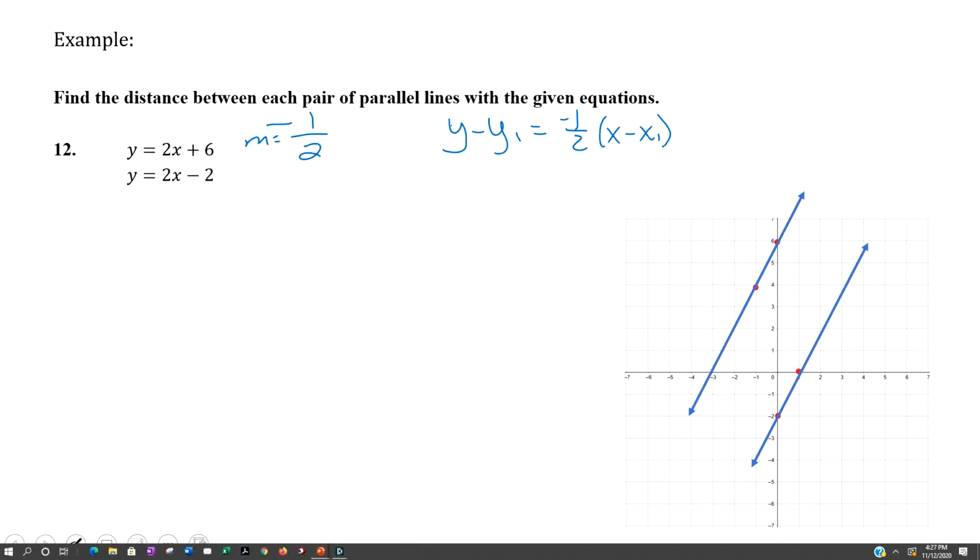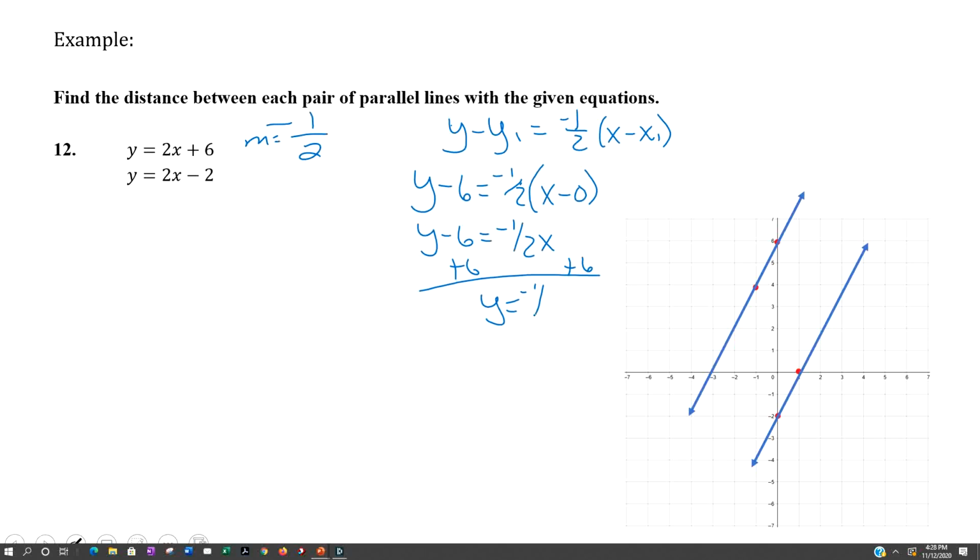So I end up with y minus 6 equals negative 1/2 times x minus 0. If I multiply that through, y minus 6 equals negative 1/2 x, and add 6 to both sides. So the equation of my perpendicular line is y equals negative 1/2 x plus 6.